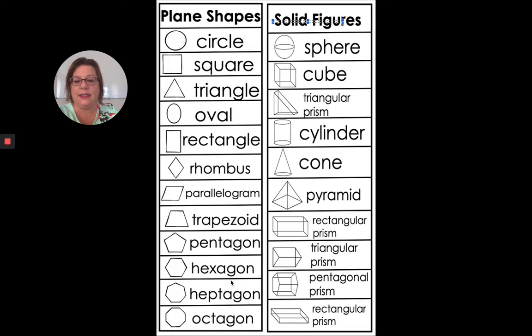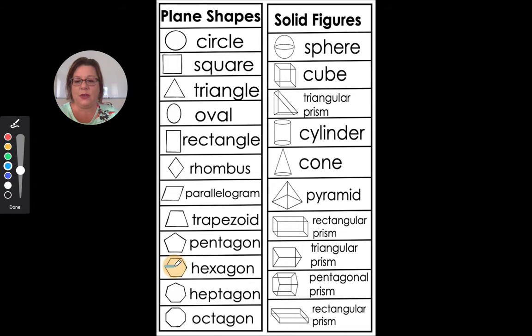Hexagon is next. A hexagon, let's count these. 1, 2, 3, 4, 5, 6. A hexagon has 6 sides. Some of you like to play with hex bugs. Hex means 6. And we have 6 sides in a hexagon.